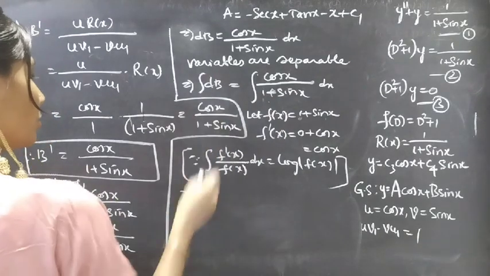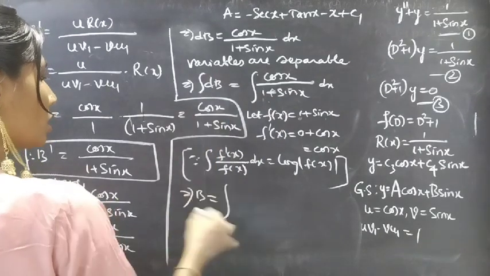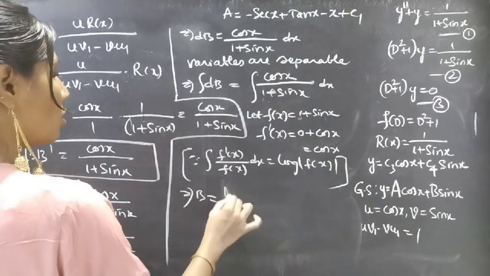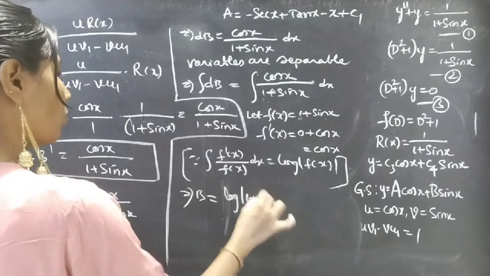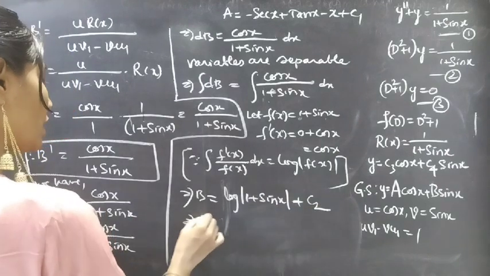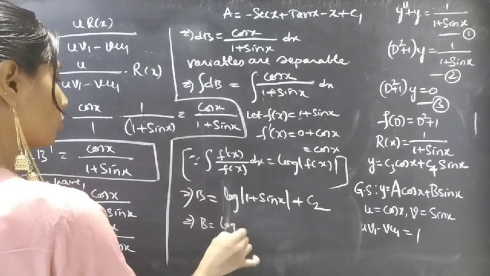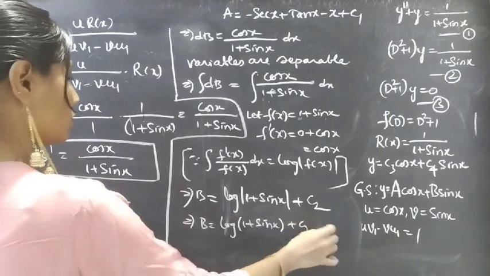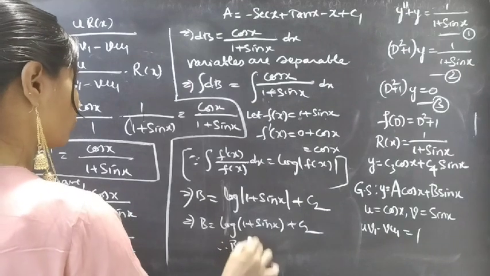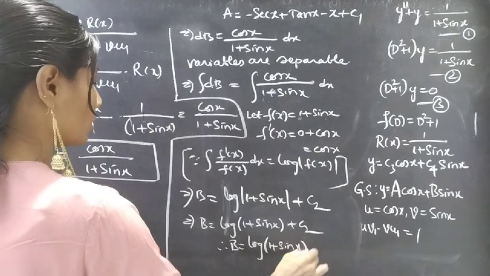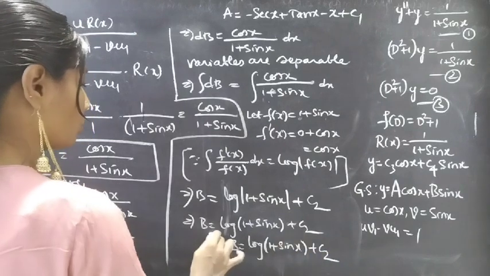Then we'll get integral dB equals log mod 1 plus sin x plus an integral constant, say c2. Therefore B equals log of 1 plus sin x plus c2.